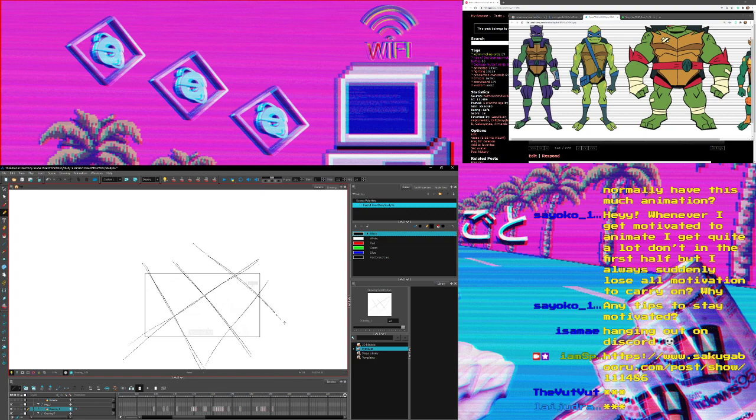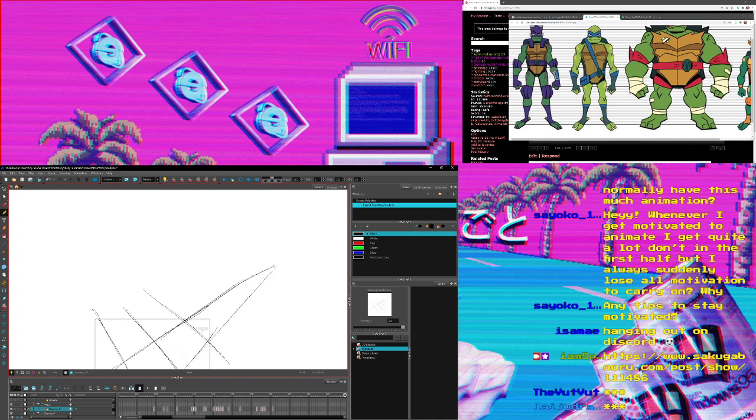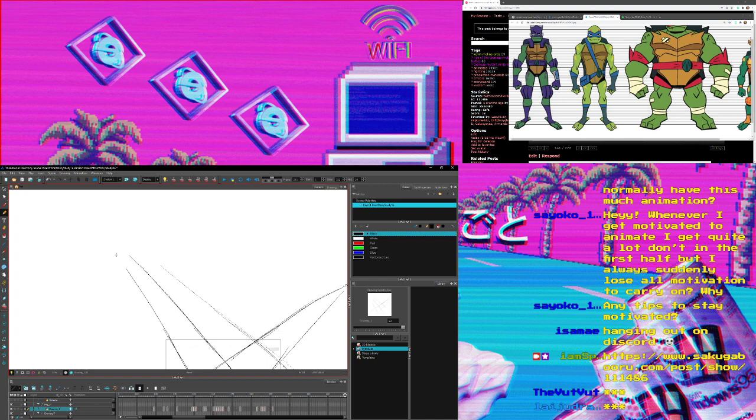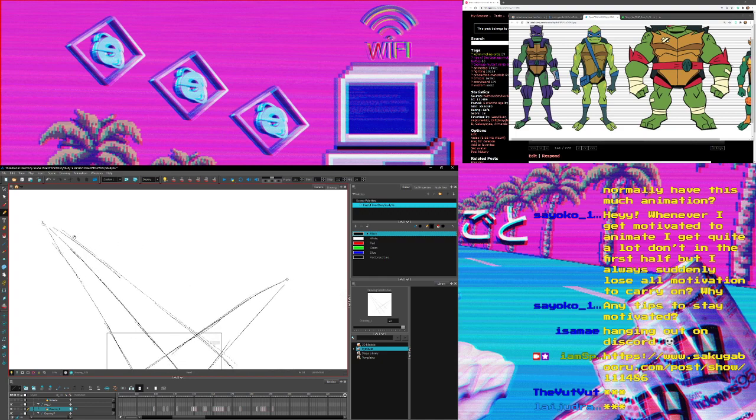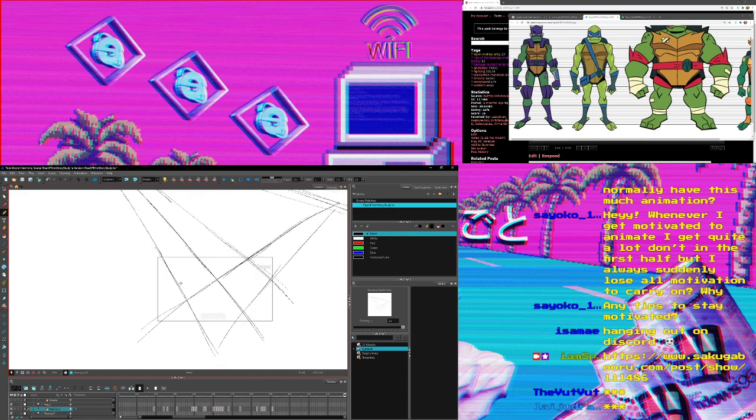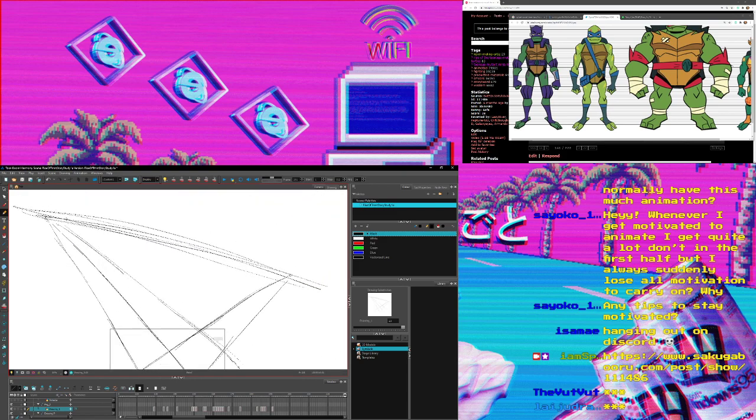So we have a vanishing point going out over this way, and a vanishing point going way up here somewhere. So what's happening here is almost a Dutch tilt. The camera's tilted and the horizon line is something like that.